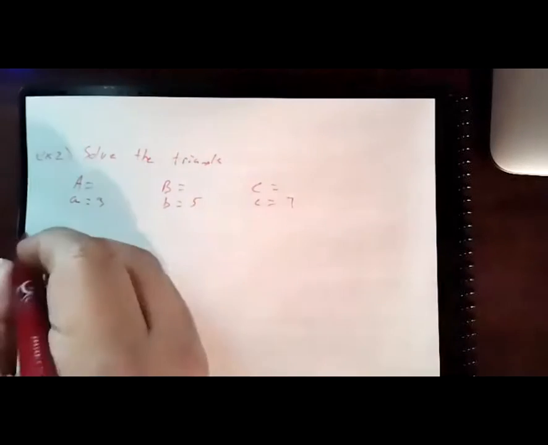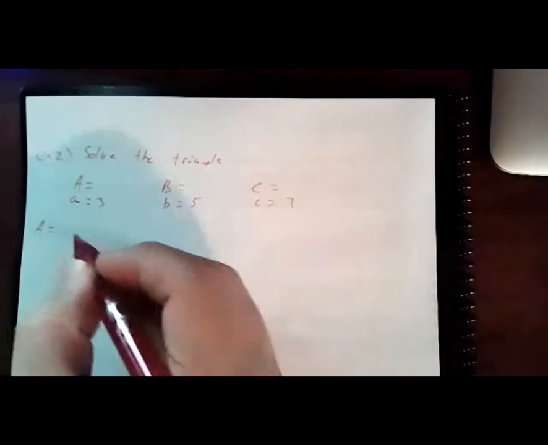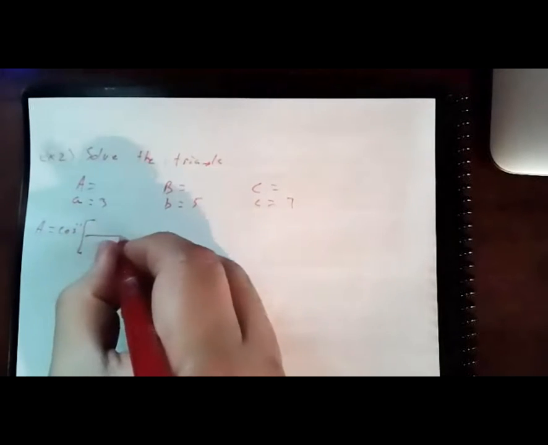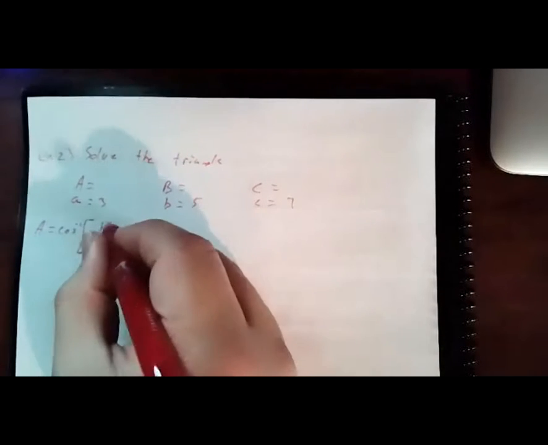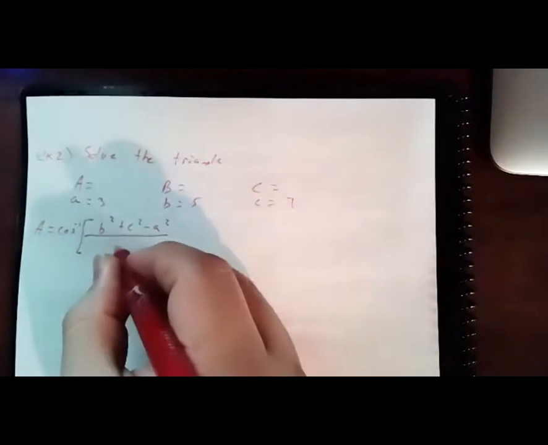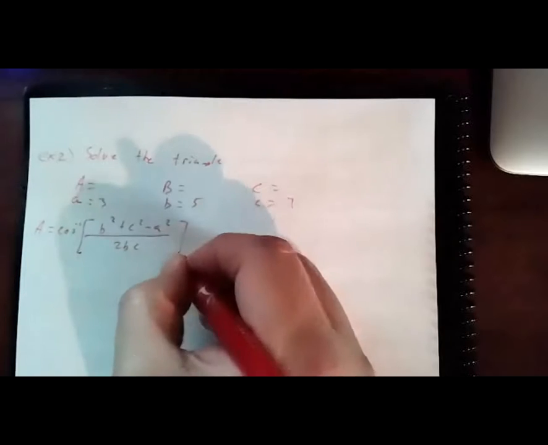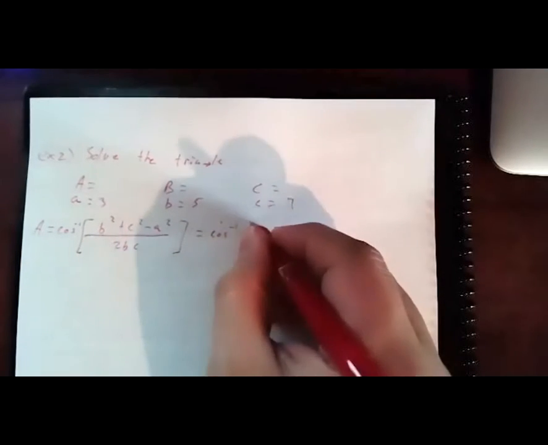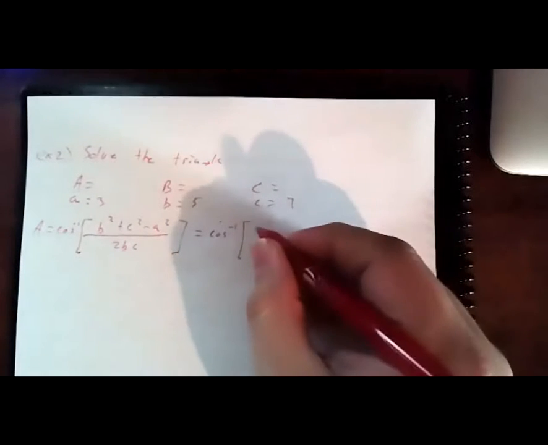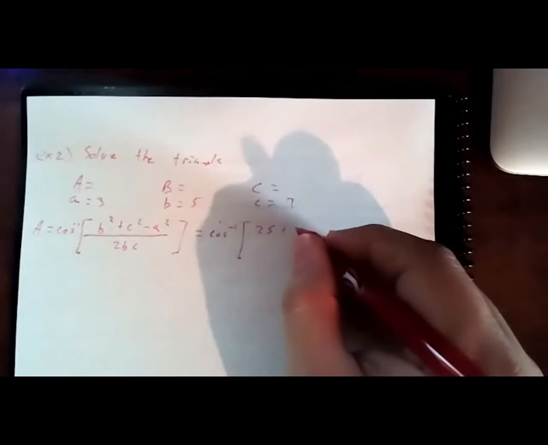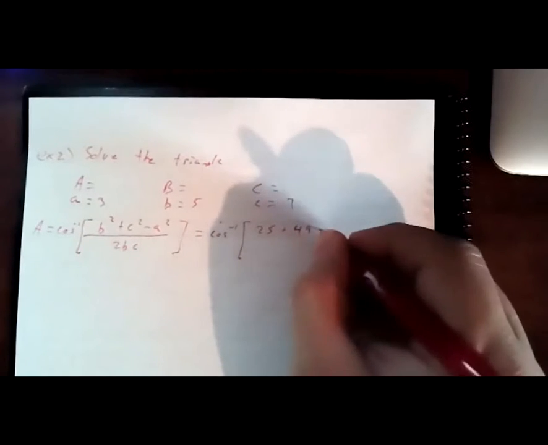Okay. So the formula for A is going to be cosine inverse of B squared plus C squared minus A squared over 2BC. So that would be cosine inverse of 25 plus 49 minus 9.